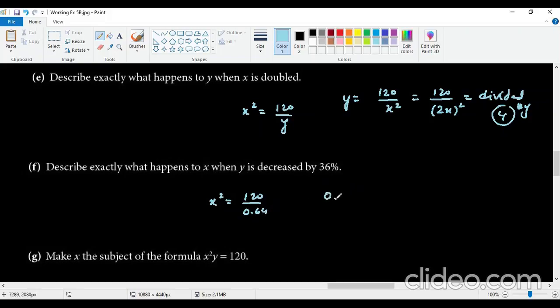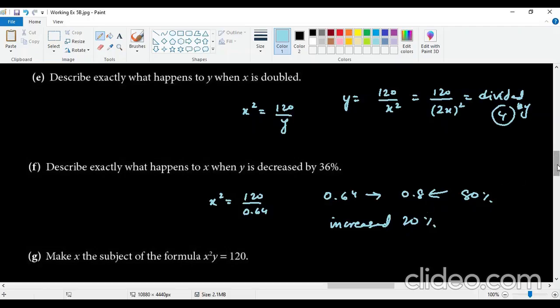Something important to remember, 0.64 is the square of 0.8. So 0.8 also means 80%. That means 80% is going to be a 20% increase. Increased 20% is going to be the final answer.